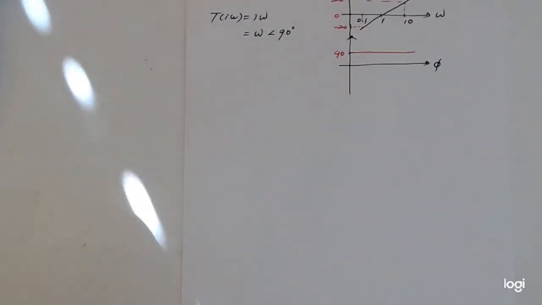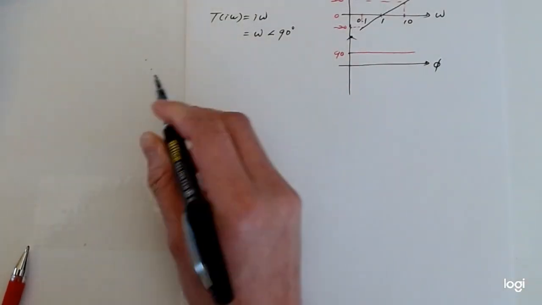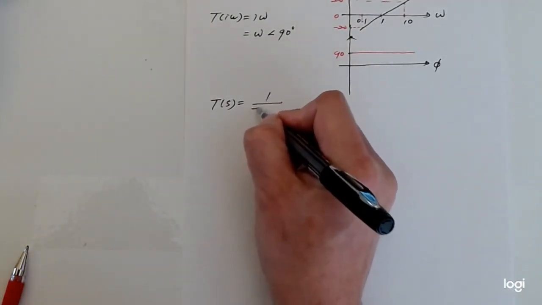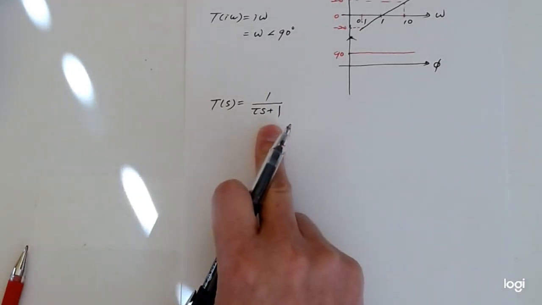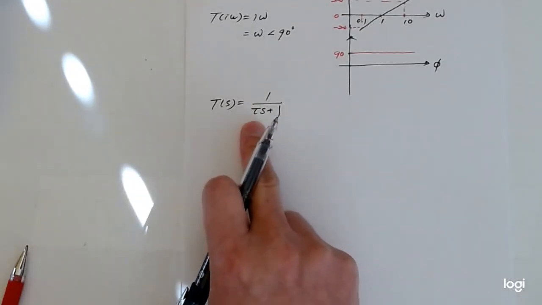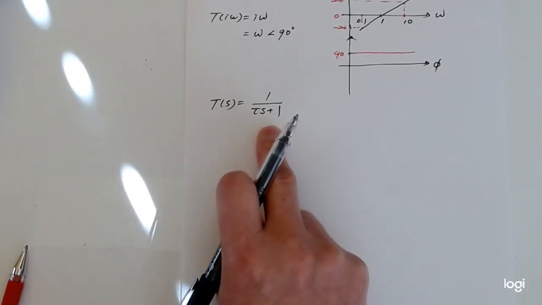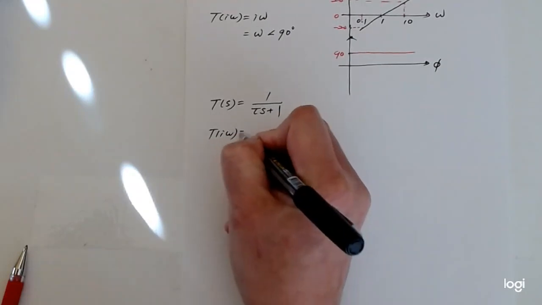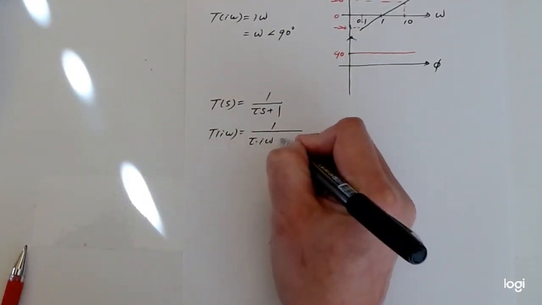So let's look at the first typical first order system, G(s) equal to 1 over tau s plus 1. We use the standard subsystems, so it has to be in this form. So G(i omega) should be 1 over tau i omega plus 1.